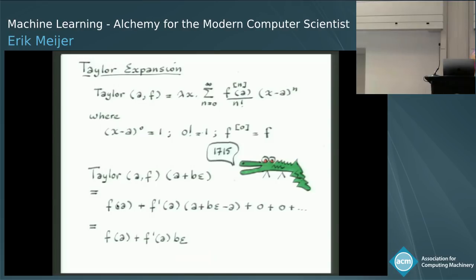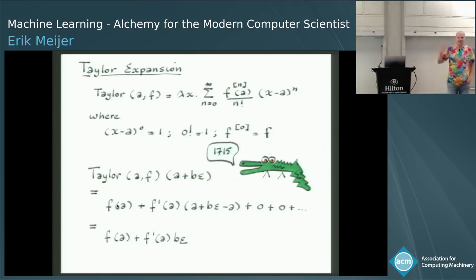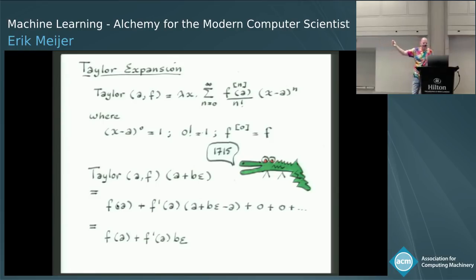Well, for that, you can use Taylor expansions, which is an even weirder thing. I don't know, this person must have taken mushrooms or something, because if you look at Taylor expansions, this is 1715, right?